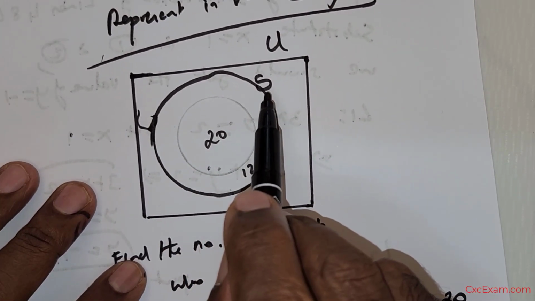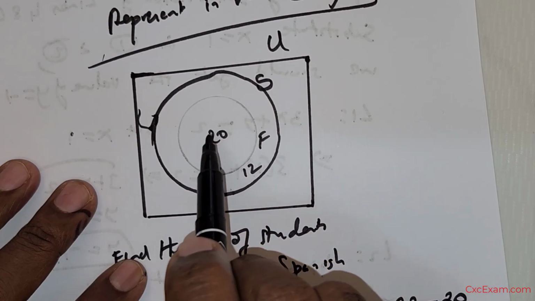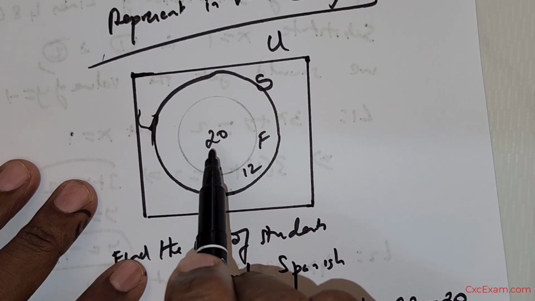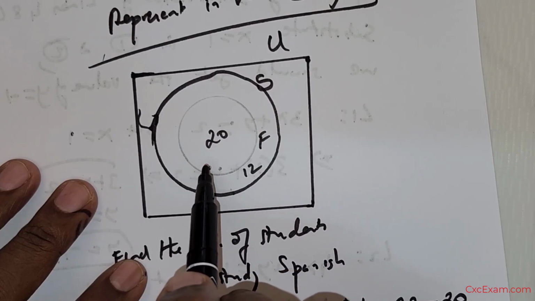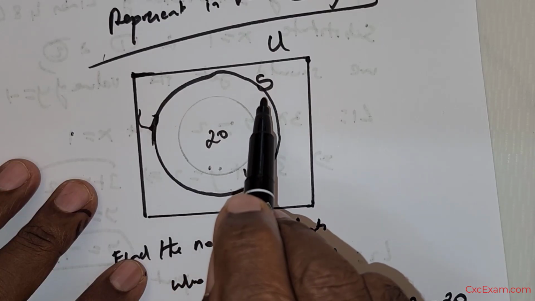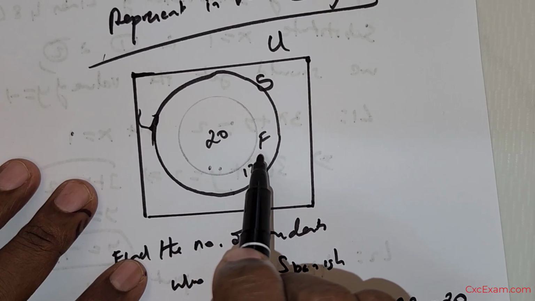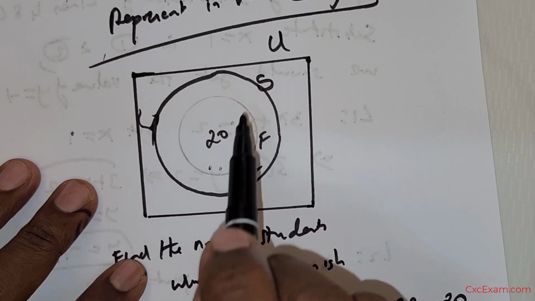Now you see this, S is the bigger set. In S you have F. And there are 20 which is actually present deep inside the circle. So that means there are students who are part of the Spanish and also part of the French. So that means French is directly contained in S.